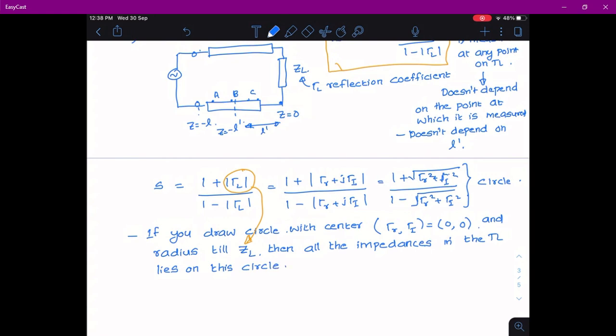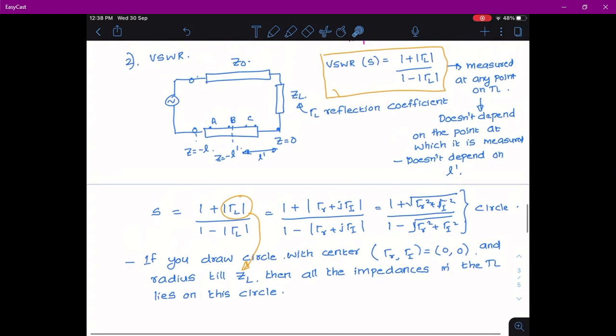If you draw in the Smith chart a circle with center at 0 comma 0 and radius till saddle, the point is your radius from 0 to saddle, then all the impedances of the transmission line will lie in that circle, because the SWR should be the same anywhere in the transmission line.